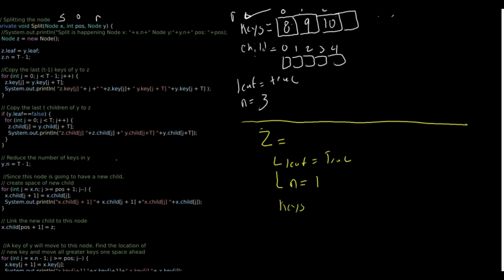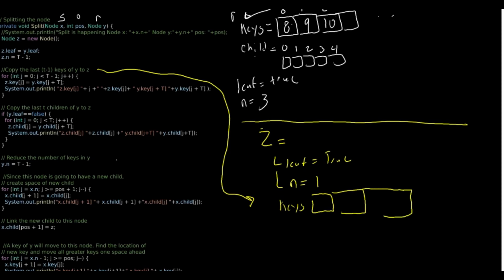So we're going to have their keys. I want to be clear. We are just going to maybe highlight this one. We're going to copy the last element from Y into Z's key.